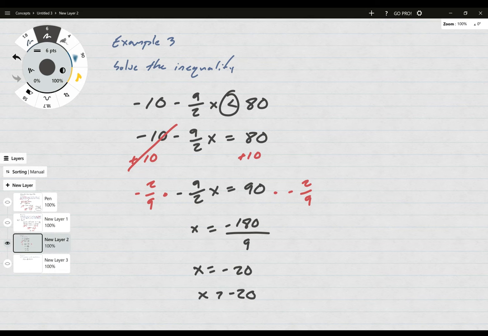And if you want to prove that, if you want to check it, you need to use a number line. So here's 0, here's negative 20, and here's positive 20. So when it says x is greater than negative 20, that means anything that is closer to 0 on the left side or farther from 0 on the right side.